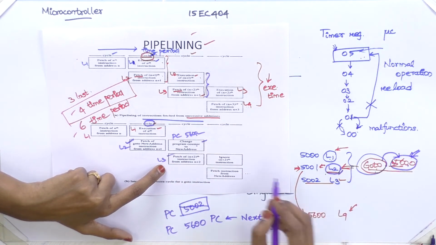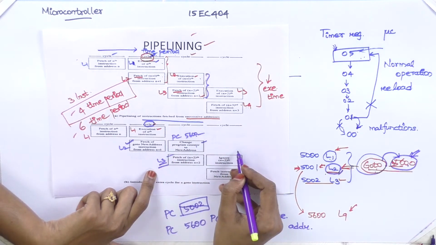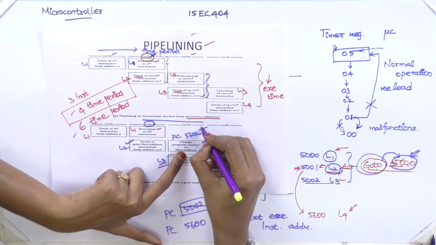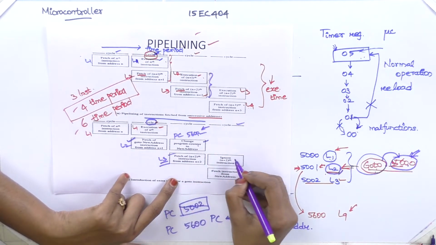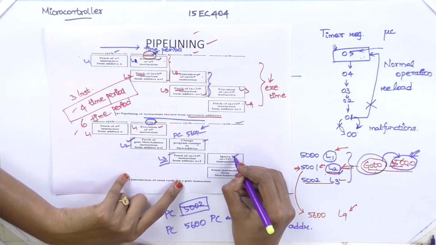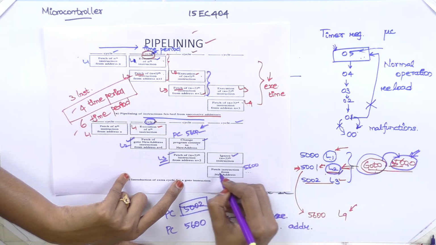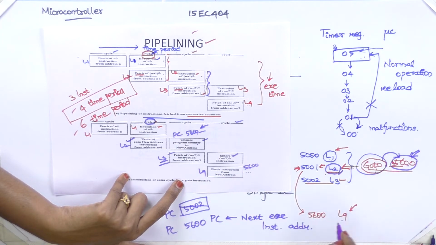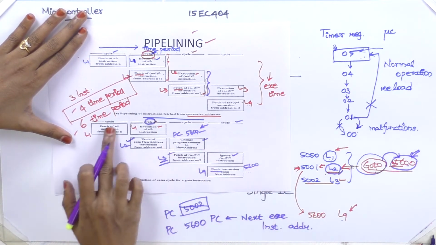Now the processor is not supposed to execute this L3, it is supposed to jump to 5600. So at this cycle, your L3 instruction will be ignored, and once it has been ignored, it will jump to the address 5600 and that instruction, L9, will be fetched. Are you all able to get this concept?